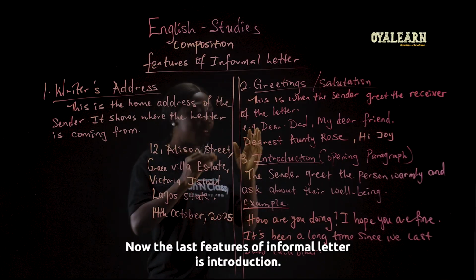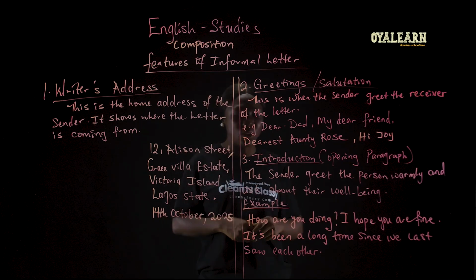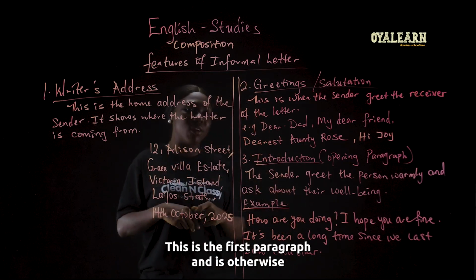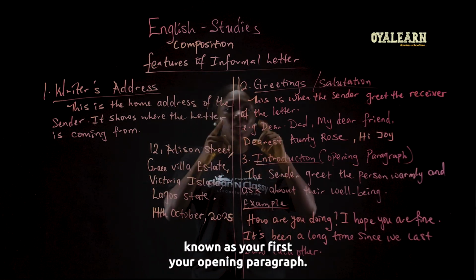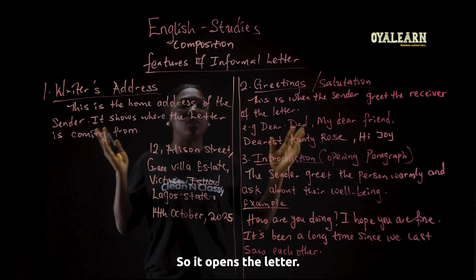All right. Now the next feature of an informal letter is the introduction. This is your first paragraph, otherwise known as your opening paragraph. So it opens the letter.